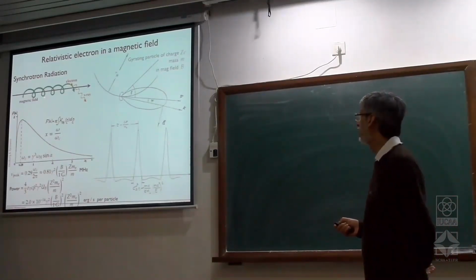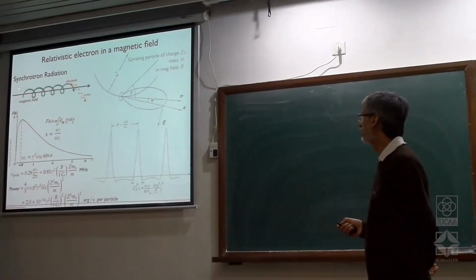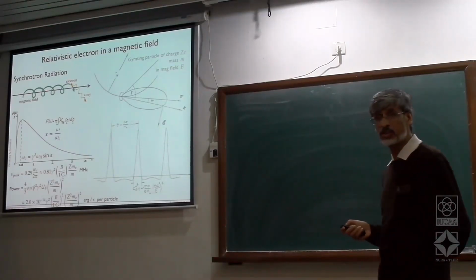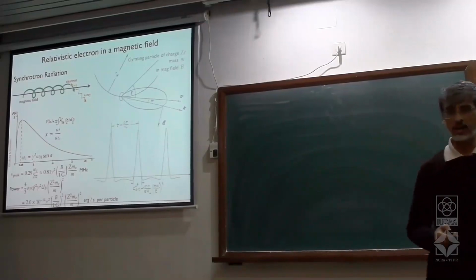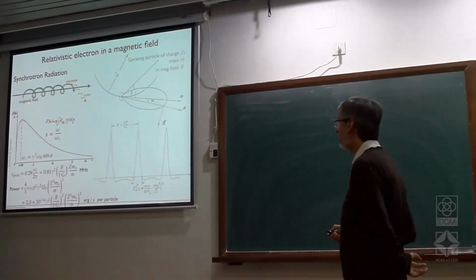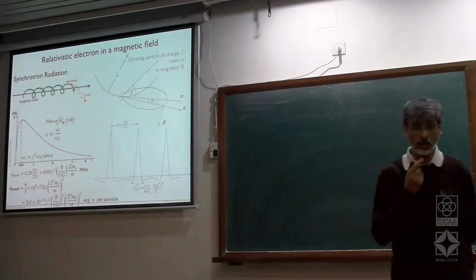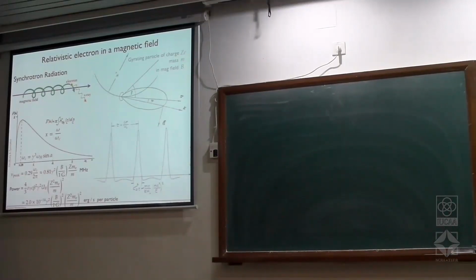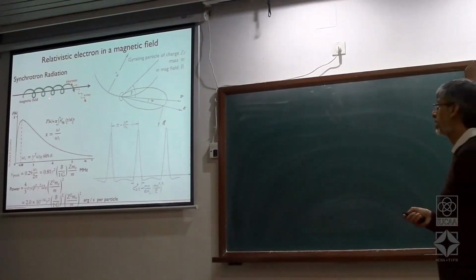Let's talk about synchrotron radiation now, which is the ultra-relativistic limit, where the Lorentz factor is much greater than 1. And you have an electron gyrating around the magnetic field. It can have a motion along the magnetic field which is not affected by the magnetic field.